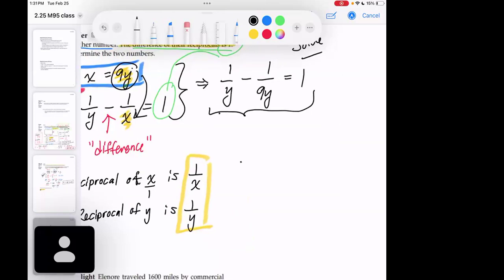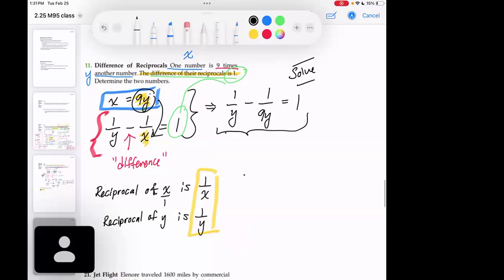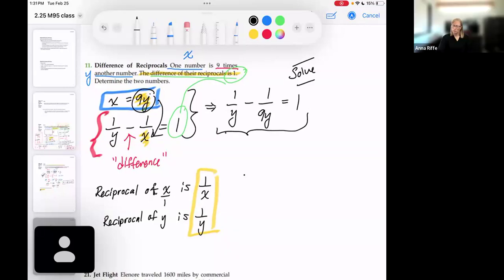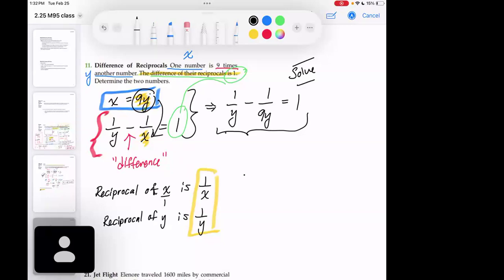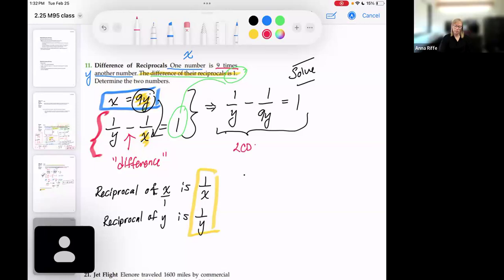I'm still confused. Okay, so once I have that equation set up, this is a rational equation again. So I can note that my least common denominator is, well, there's a 9 and there's a y. So those must both be involved in my least common denominator.